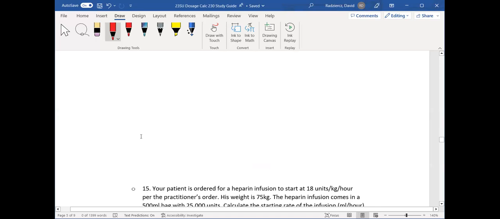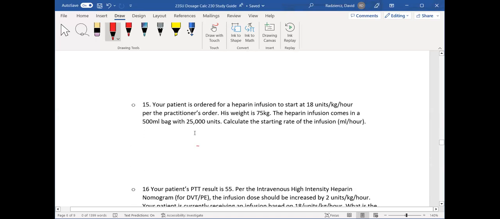Now, some of these questions will continue on. It'll tell you, this is basically the same thing, starting an infusion at 18 units per kilogram per hour. Now you have a patient that weighs 75 kilograms. So it already tells you how many kilograms, so you don't need to convert pounds to kilograms.